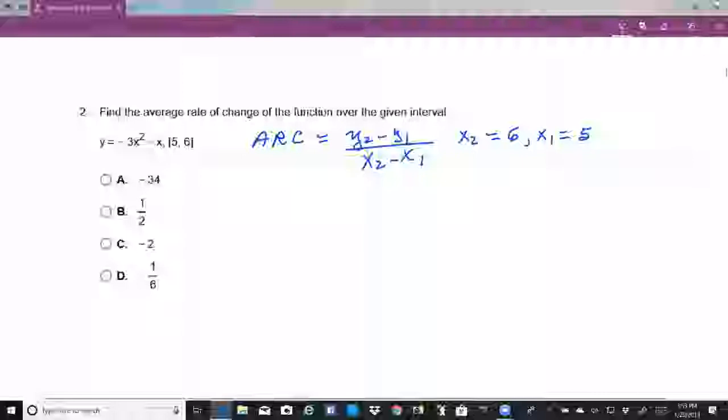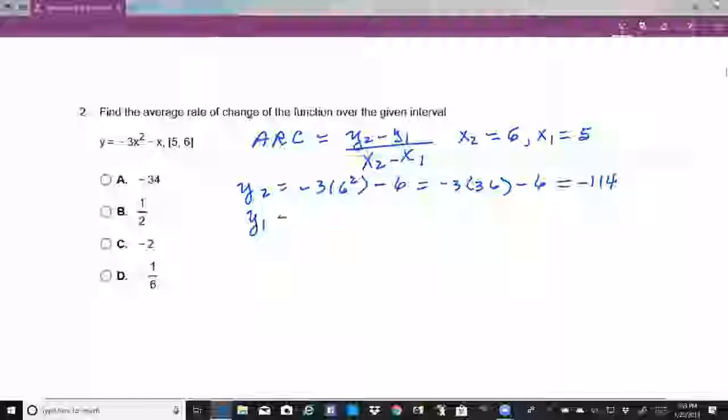So let's do the calculation. Y2 is equal to minus 3 times 6 squared minus 6, equal minus 3 times 36 minus 6, equal minus 114.